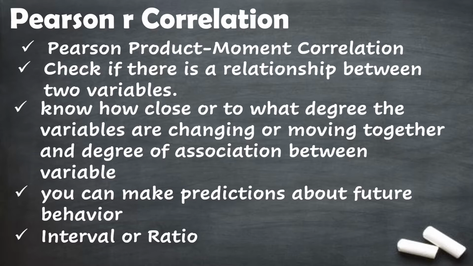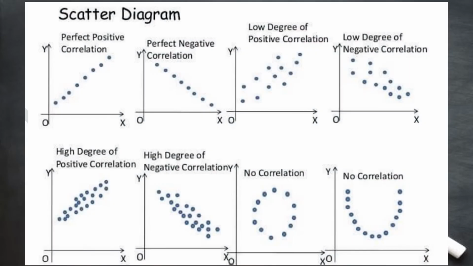So, Pearson-r is for test of relationship, and also the variables should be in interval or ratio type of scale of measurement.